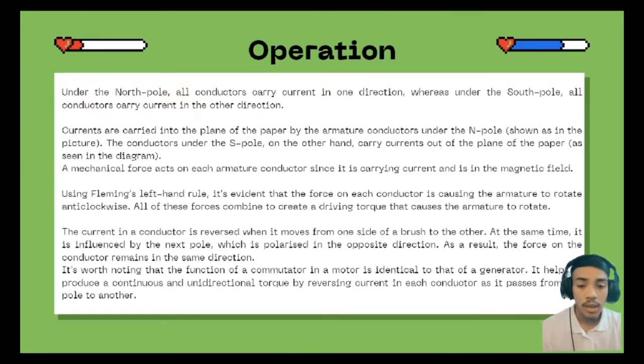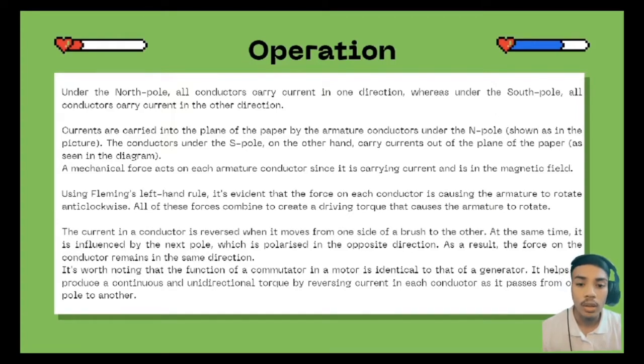So by using Fleming's left hand rule, it is clear that the armature is rotating anti-clockwise due to the stress on its conductors. All of this force combines to provide a driving torque that rotates the armature.